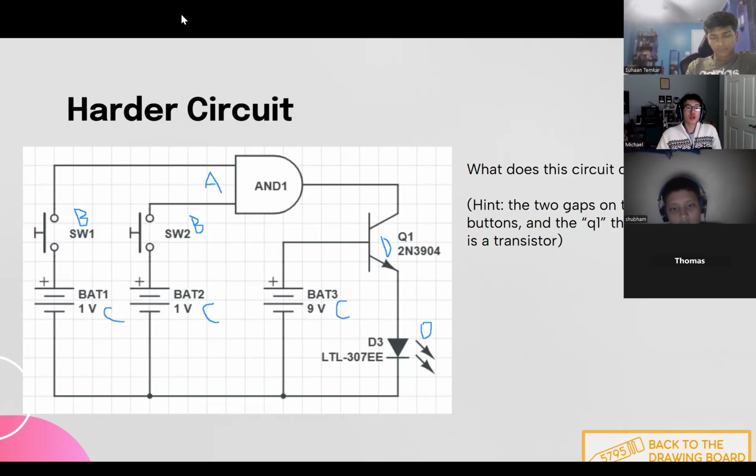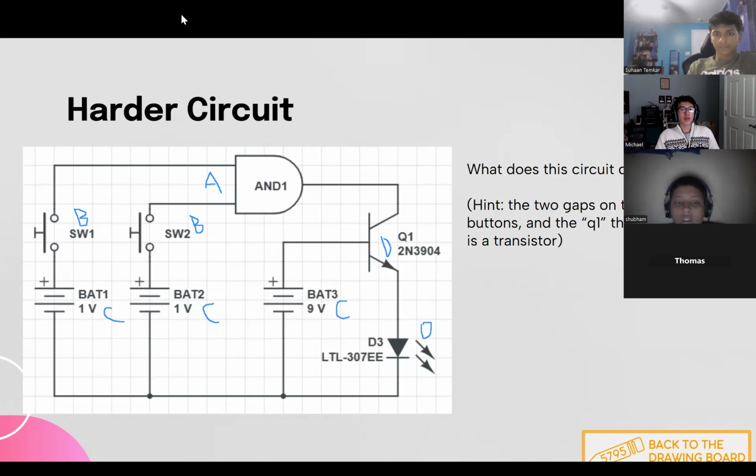But basically, the way that this circuit works is we're actually using a transistor and a logic gate. So when we click SW1 and SW2, both 1 volt signals go to the AND gate, and the AND gate takes an on or an off. So 1 volt means it's on, 0 volts means it's off.